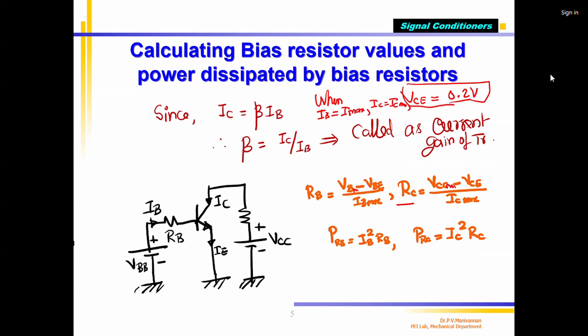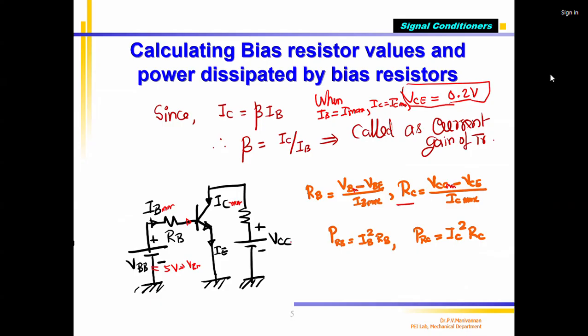When will that condition happen? When my VB equals 5 volts, which is VB max, automatically IB will be IB max. When IB max flows, IC becomes IC max.